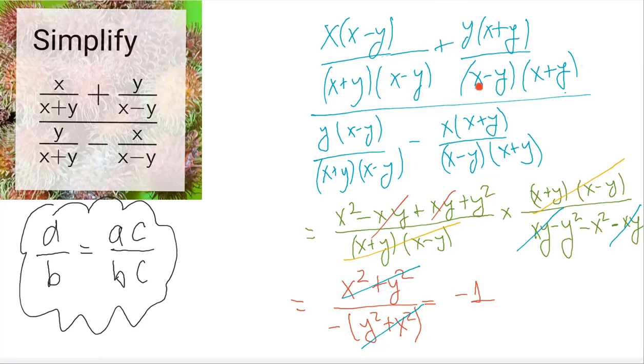First I simplify this part. Since this is division, I flip it and multiply here. You see that the bottoms are equal, so they cancel. Plus and minus cancel.